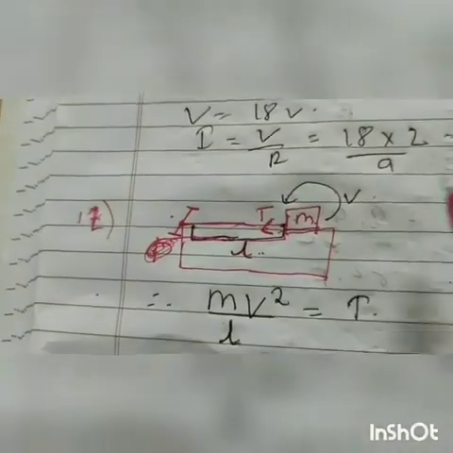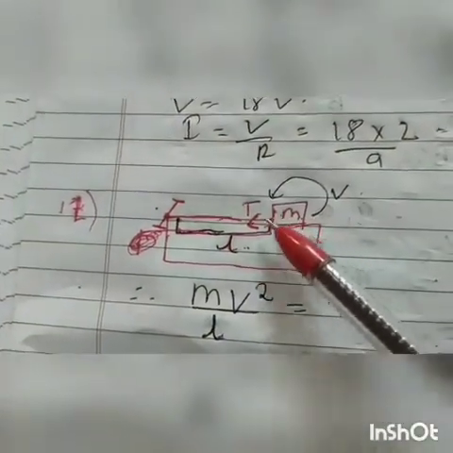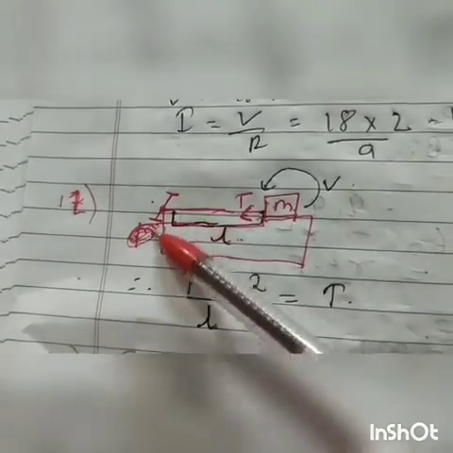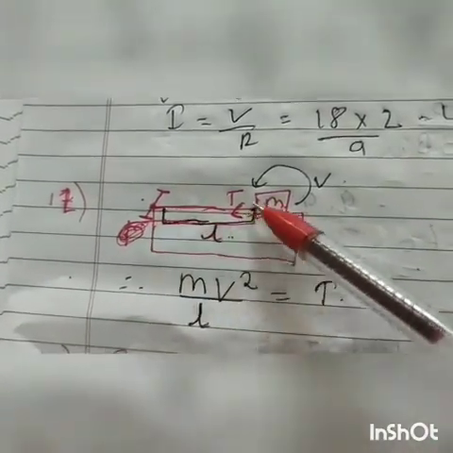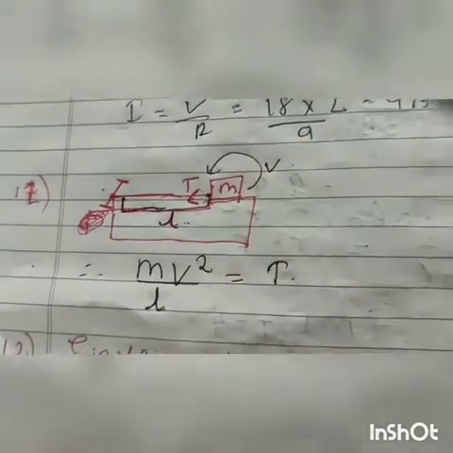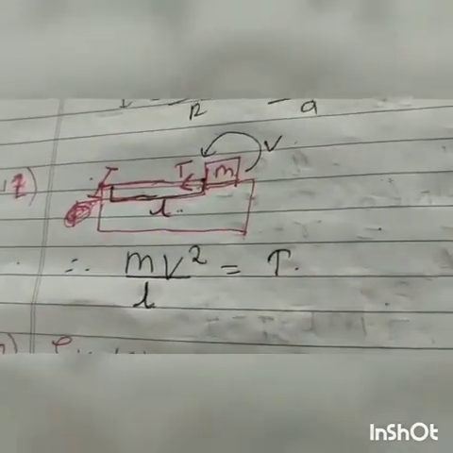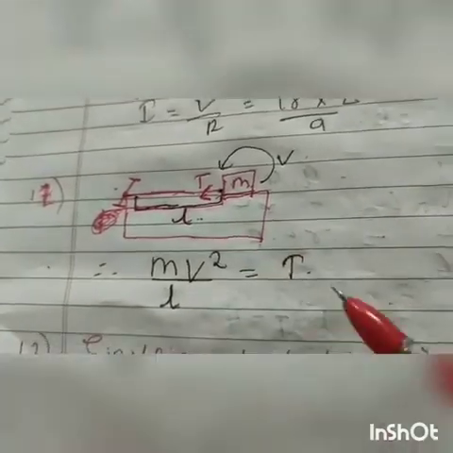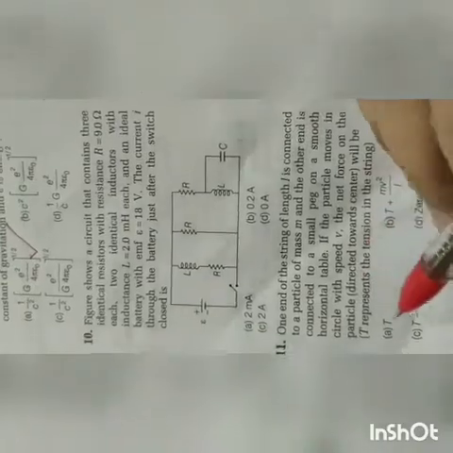So see, this is the diagram where this is mass m, this is the tension in the string, this is the peg, and this is the length of the string. It is resting on the table, and the particle performs circular motion. So it will be mv square by r, but here the radius is L, so it is equal to T. Correct option here, T.